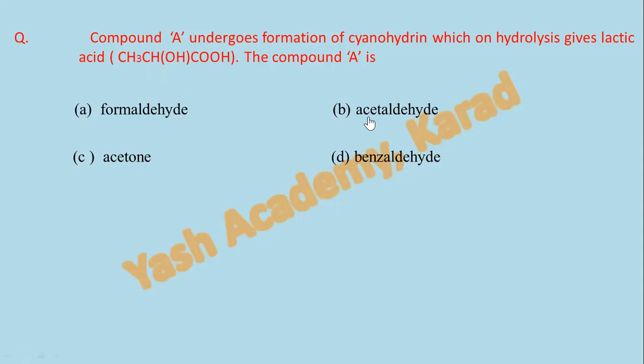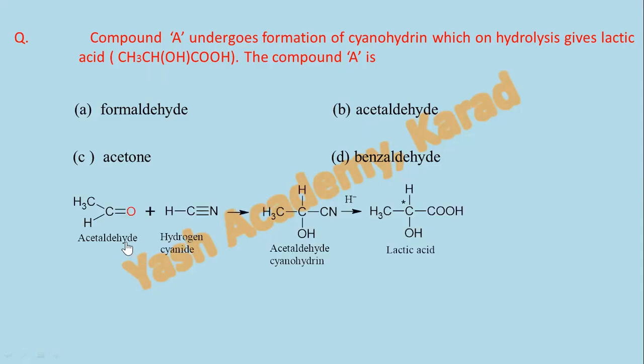Now we'll see the acetaldehyde. Acetaldehyde, when it reacts with hydrogen cyanide, gives acetaldehyde cyanohydrin. And on acid hydrolysis, this C triple bond N is converted into a COOH group. So this on acid hydrolysis converts into carboxylic acid.